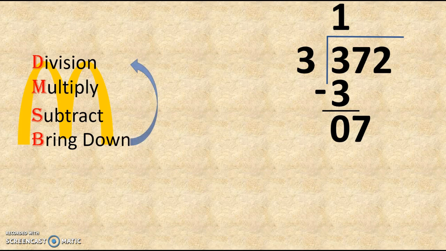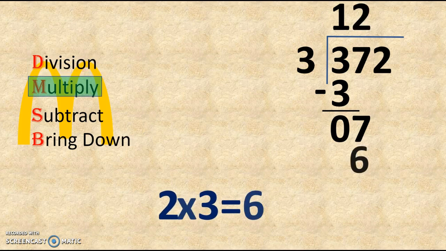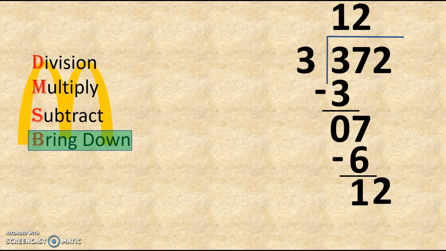Then you go up and you repeat the whole process again with division, multiplication, subtraction, and bring down the next number.